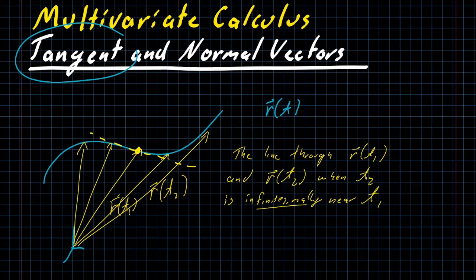So find a point that we care about, and then the next instant in time, where does the vector-valued function point? And we want to go through that point as well.